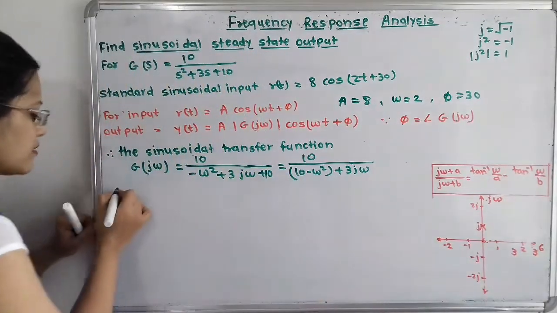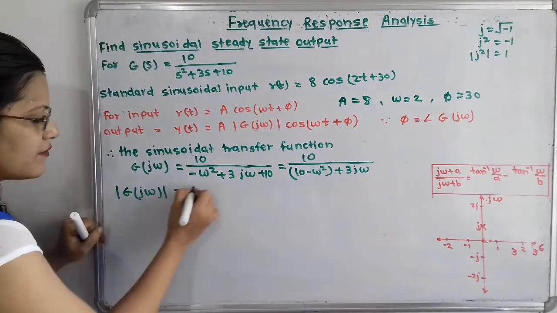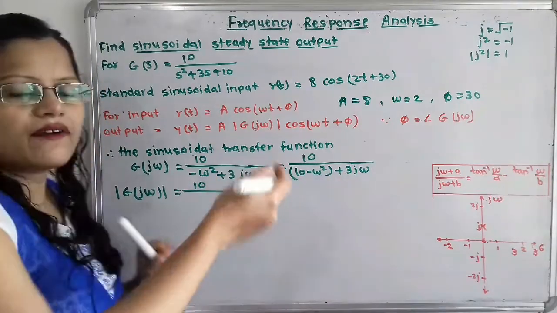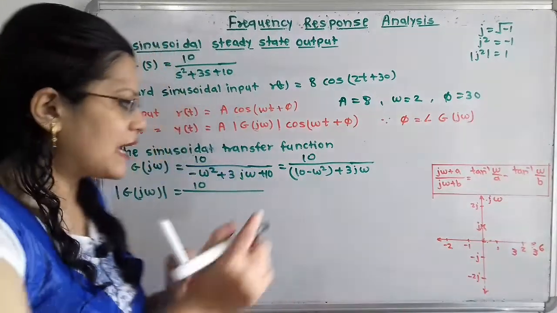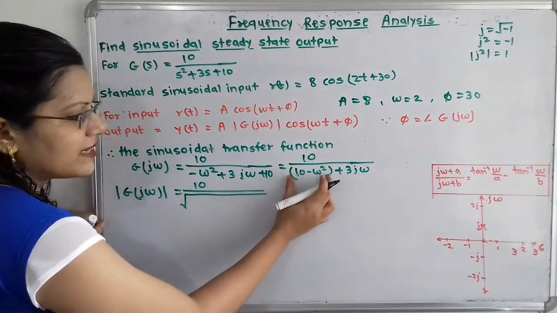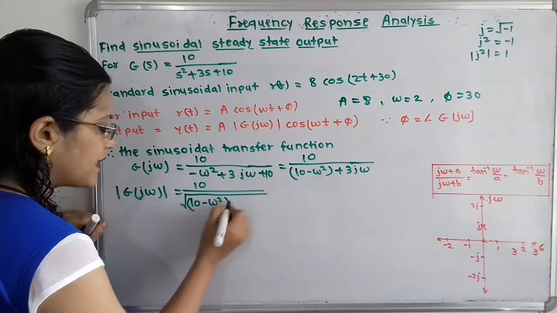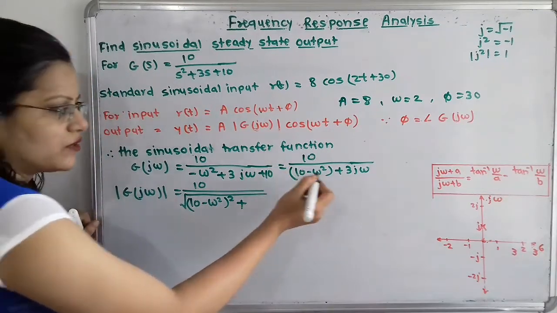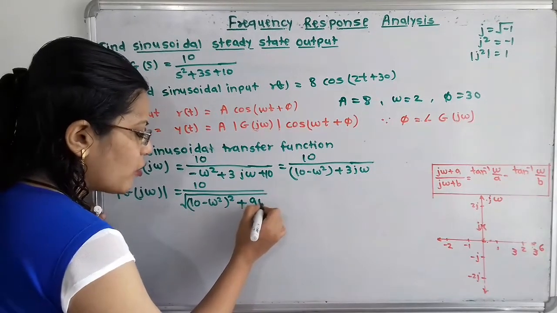So I will take here modulus of G(jω) is equal to 10 divided by, now here j is there, so we have to take here j². So I will take square root and square simultaneously, that is square root of, now we have to take the square for this term, that is (10 minus ω²) square plus 3j² ω², that is 3² j² ω², that is 9ω².